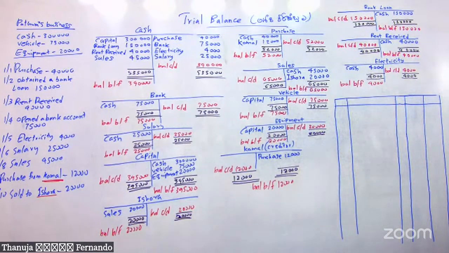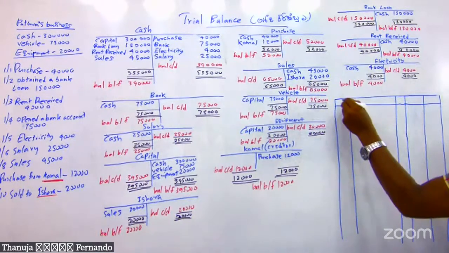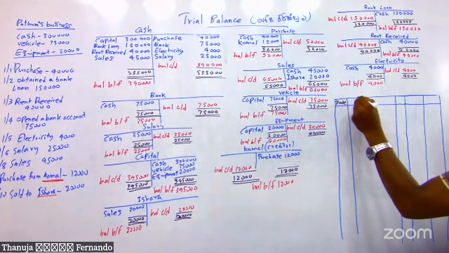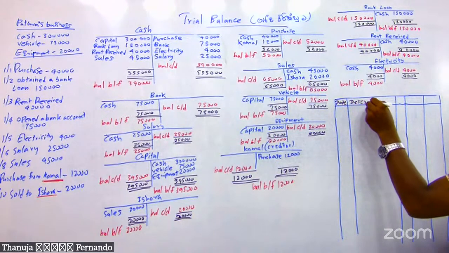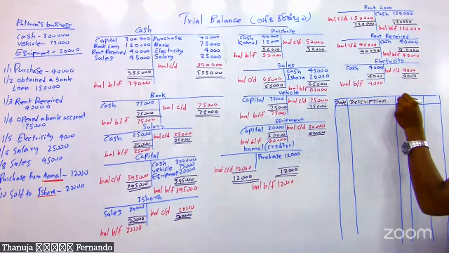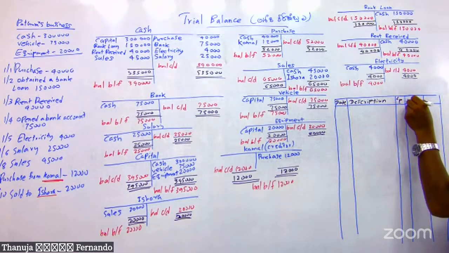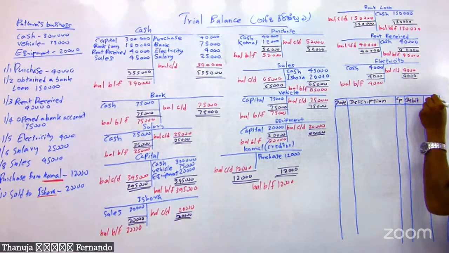Right now, date, description, ledger page, debit, and credit.